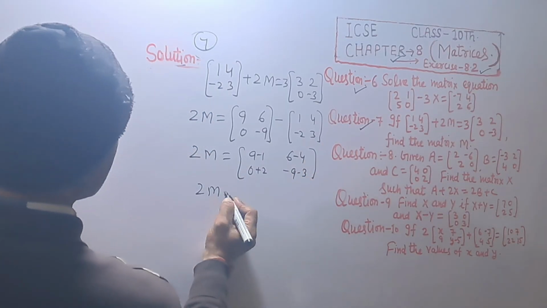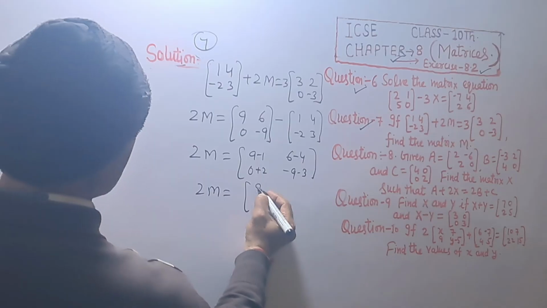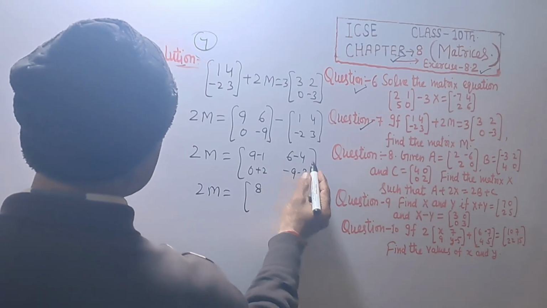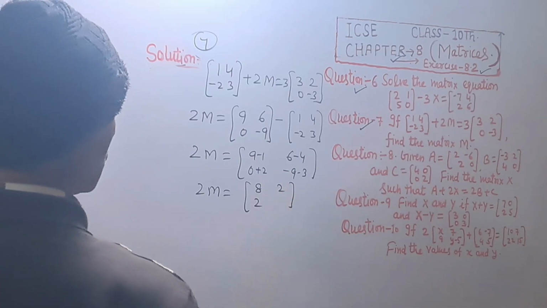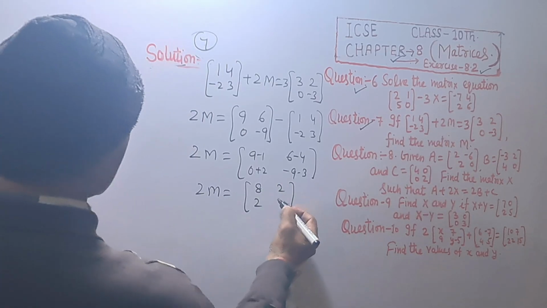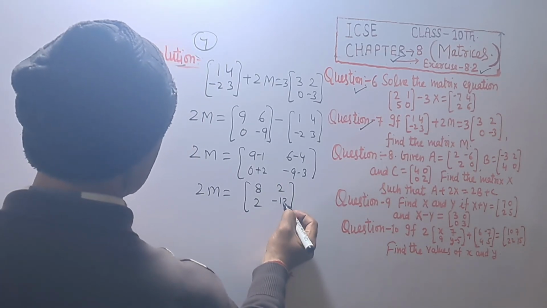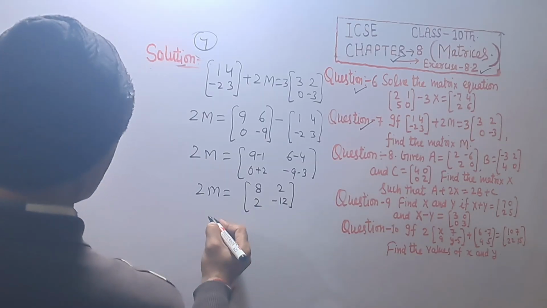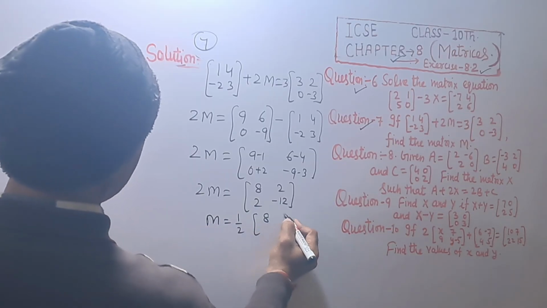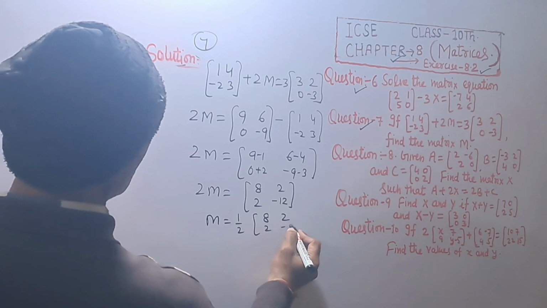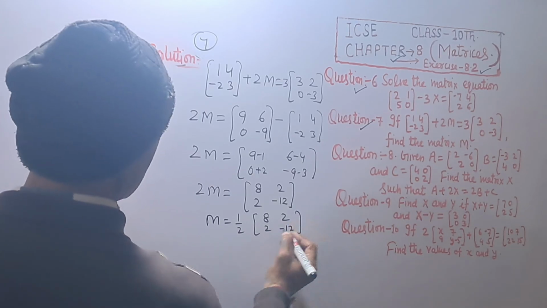Then 2m is equal to 9 minus 1 is 8, 6 minus 4 is 2, 2 plus 0 is 2, minus 9 minus 3 is equal to minus 12. So m is equal to half of [8, 2; 2, -12].